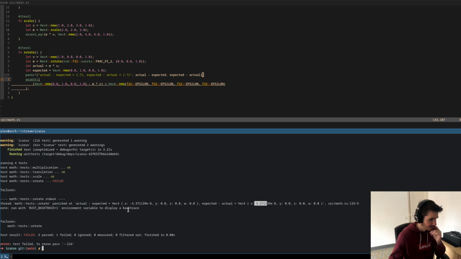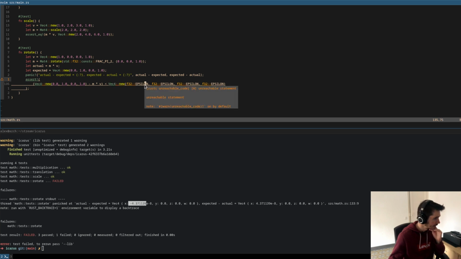So the one that is negative, this one makes sense. So if we had a bigger error on the magnitude, then the negative would still pass because we're comparing with the positive.